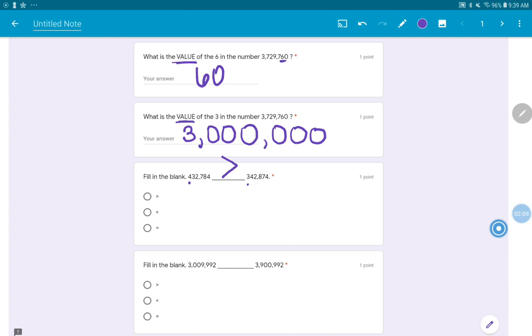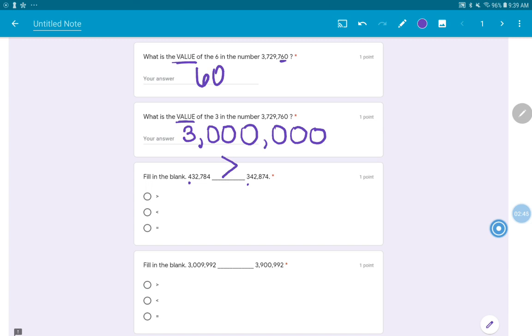All right, on the next one, we're comparing 3,009,992 and 3,900,992. Harper, how can we compare those two numbers? Looking at the 100,000s. Why can't we look at the millions? The millions is the biggest, but they're both 3s, so we have to go over to the 100,000s.